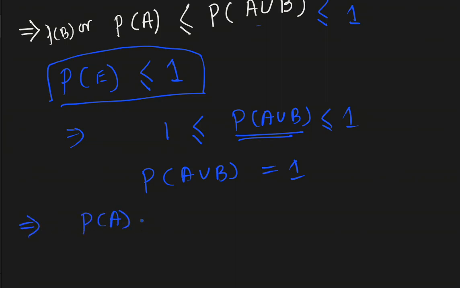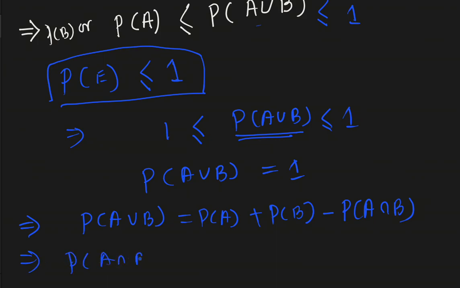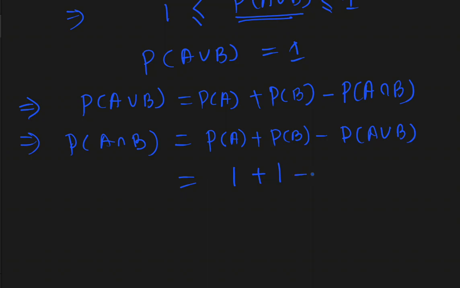We already know the formula: P of A union B is P A plus P B minus P A intersection B. That means P A intersection B is P A plus P B minus P A union B. If I put the values, 1 plus 1 minus 1, which is 1.